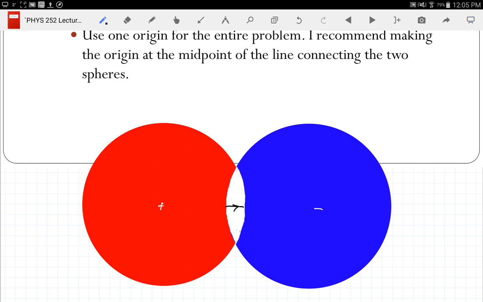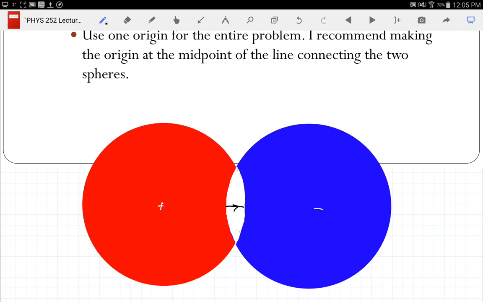So for the red one, what shape would you want for your Gaussian surface? A sphere. And where's the center of that sphere going to be? The center of the charge sphere. Now these are insulating, so you're going to have more charge the bigger the sphere gets. So you're going to find the electric field changes with radius.